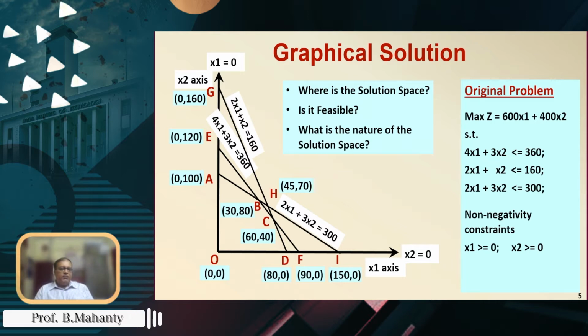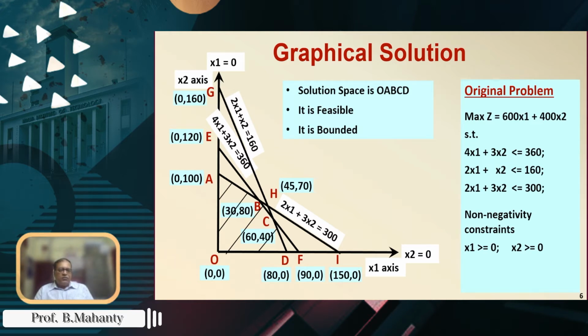And all the 5 points, their coordinates are also available. That is 0, 0; 0, 100; 30, 80; 60, 40; and 80, 0. So it is very clear that that is the solution space. It's a feasible solution space and it is also a bounded solution space. So therefore the problem is very clear cut.